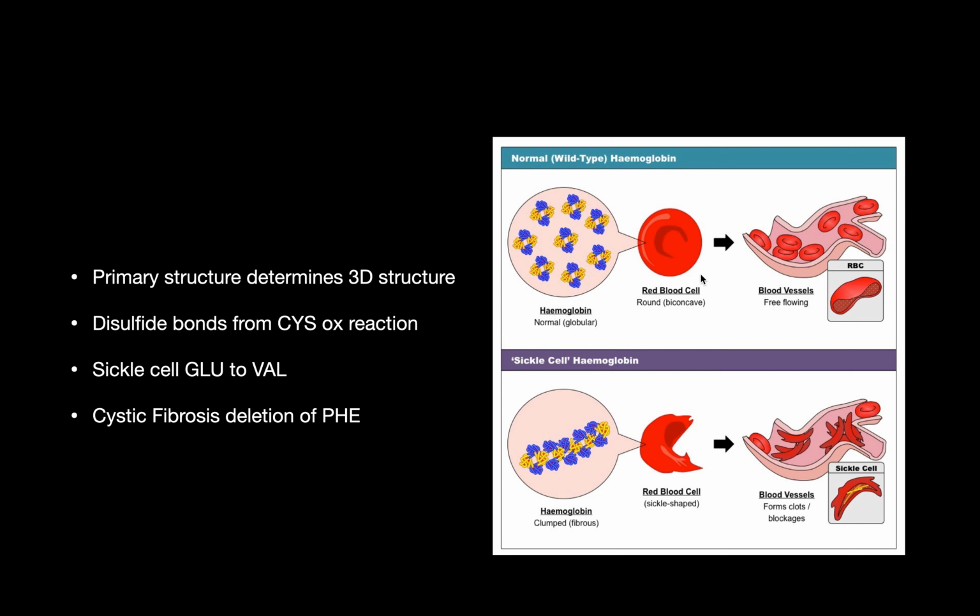So it interacts with the aqueous environment quite well, keeping the cell round. Once it's replaced with a valine, valine is hydrophobic. So what does it want to do? It doesn't want to interact with the aqueous environment. It doesn't want to interact with water. It's hydrophobic, so it will retreat inwards, pulling the cell into a sickle shape.